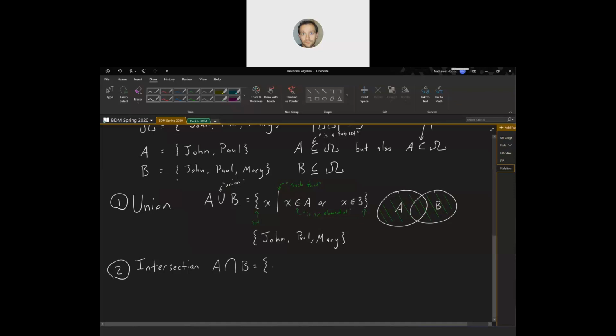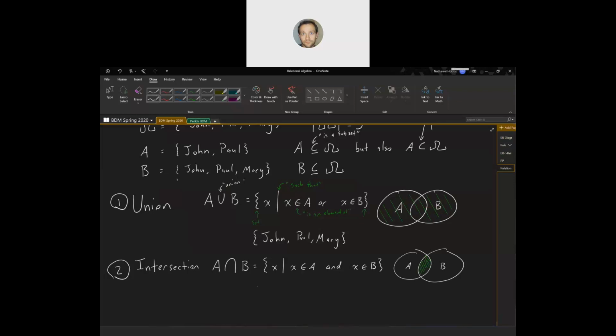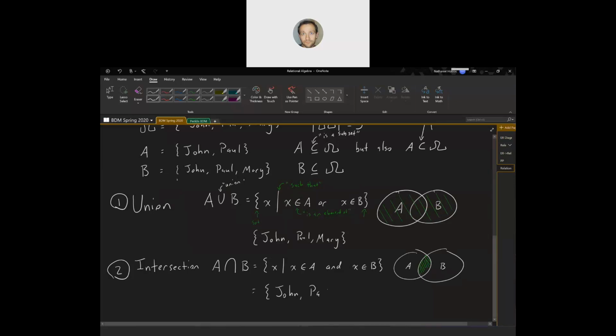And so this is elements x, where x is in A and x is in B. Written kind of pictorially, it looks like this. And in our example, this would be John and Paul, because John and Paul are in set A, and John and Paul are also in set B.